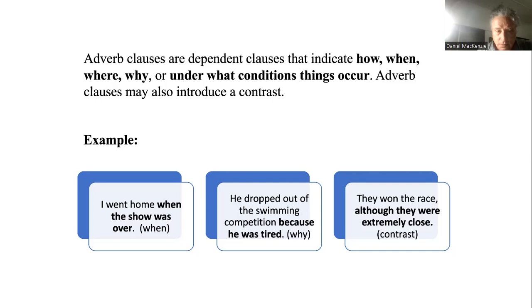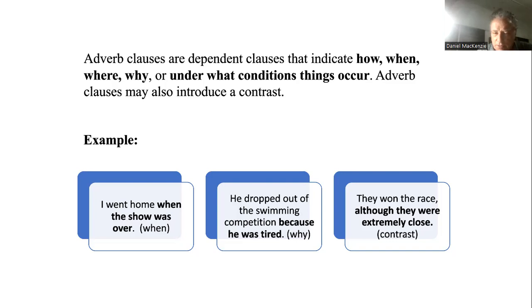Another example, he dropped out of the swimming competition because he was tired. Because he was tired would be why. That by itself wouldn't make sense. So that would be the dependent clause.